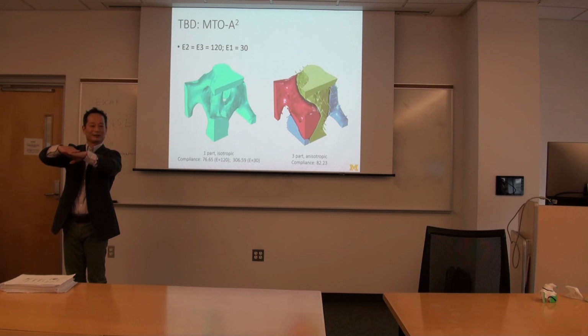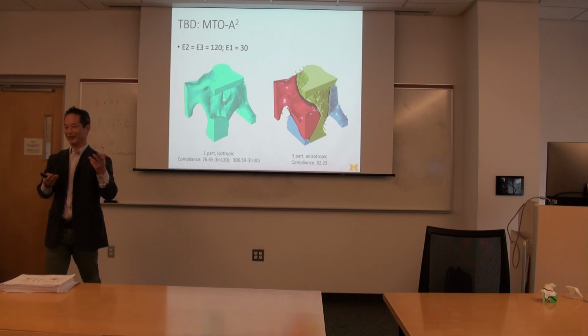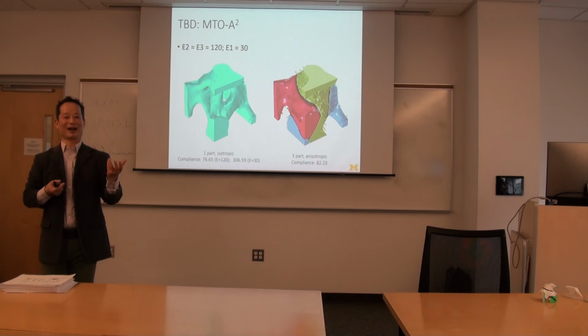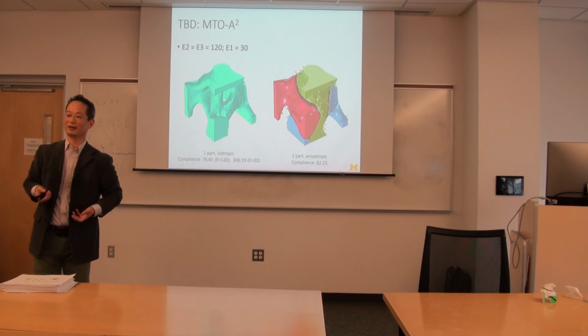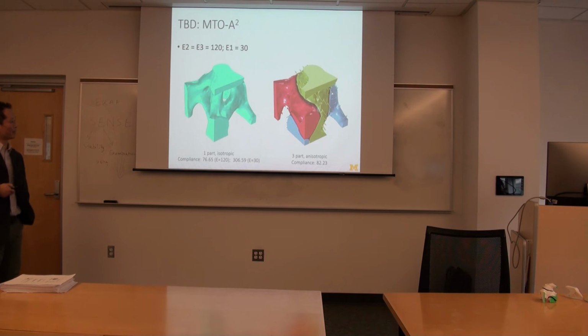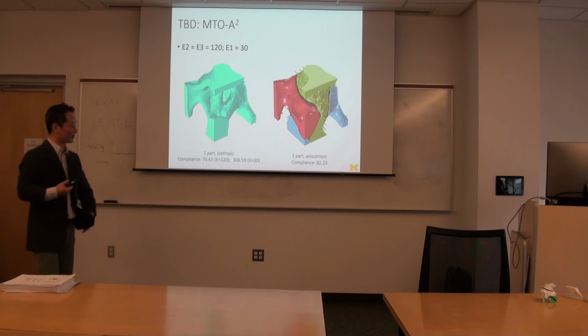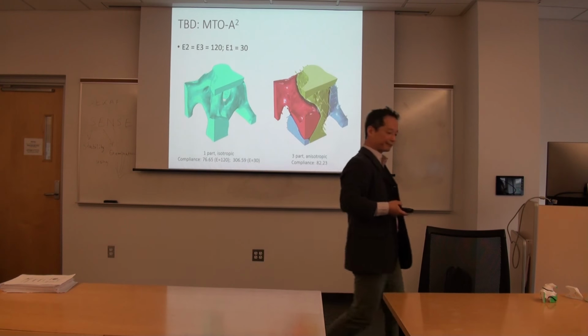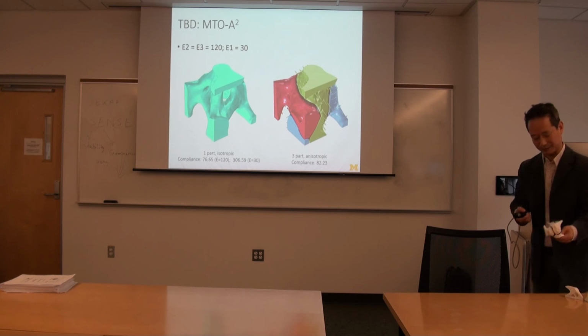Basically, the interlayer stiffness of the material is far less, at least for now, compared to the other direction. So we apply that. Of course, this is exaggerated to see the effect. But then you can have a one-part isotropic, three-part anisotropic as a different configuration.